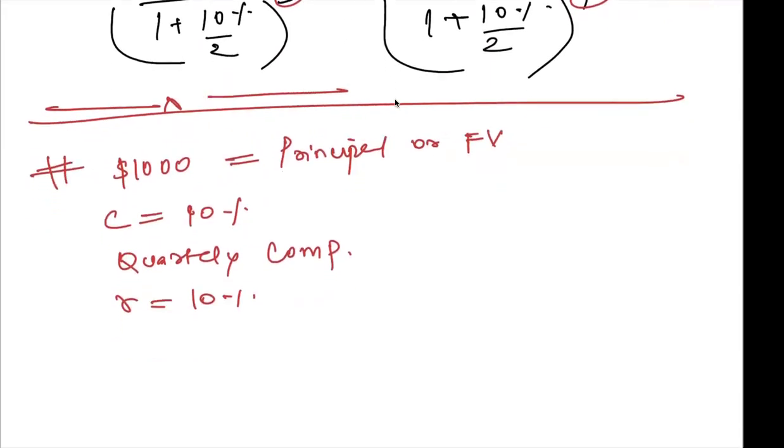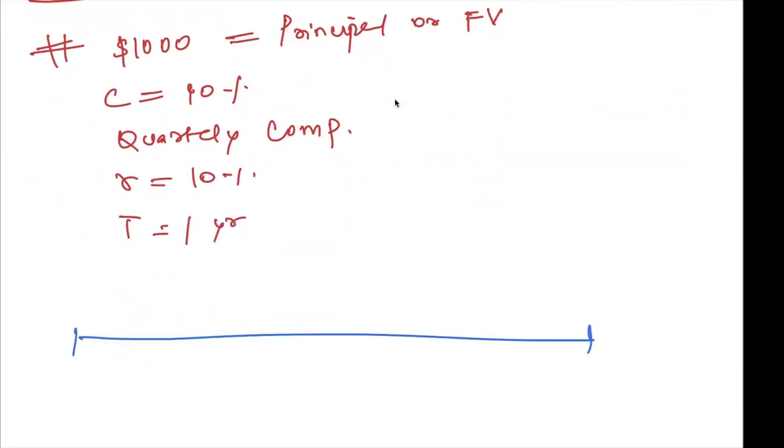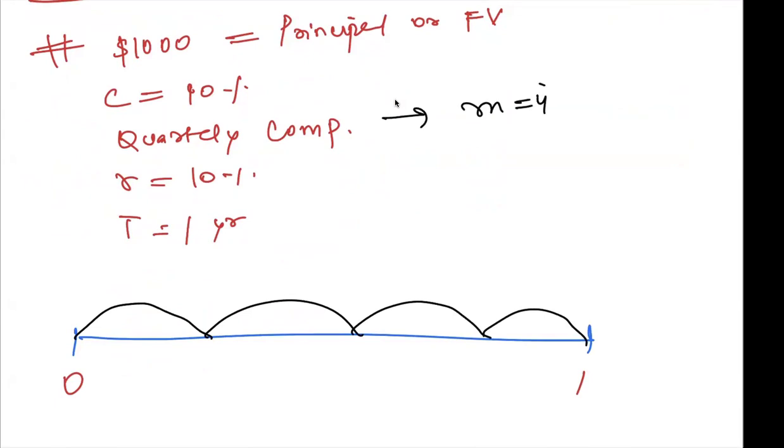Time is 1 year. How many times will compounding happen in 1 year? 4 times. Perfect, 1, 2, 3, 4. Because it's quarterly, so M is 4.